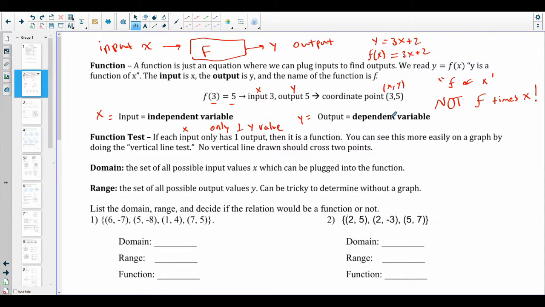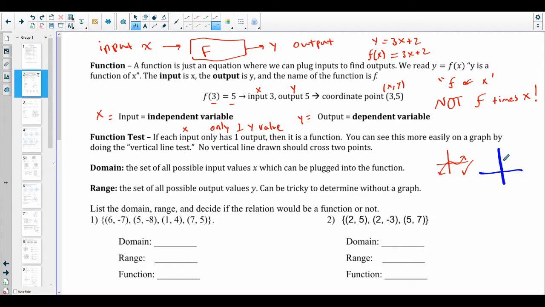If you graph this, we have some function and we graph it. The way we can think about this is if it's a function, that means I can take a vertical line, pass it over the graph, and I'll only ever touch one point on the graph at a time. So this little sketch here, this is something that is a function.